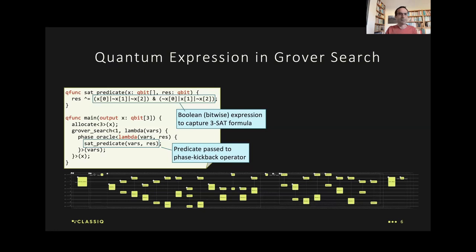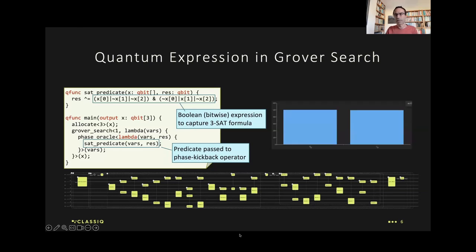But with these 10 lines of code, I can execute it, and in the histogram I already see that I have only 2 states being sampled, both of which are solutions to this search problem, the bit strings that actually satisfy the expression.